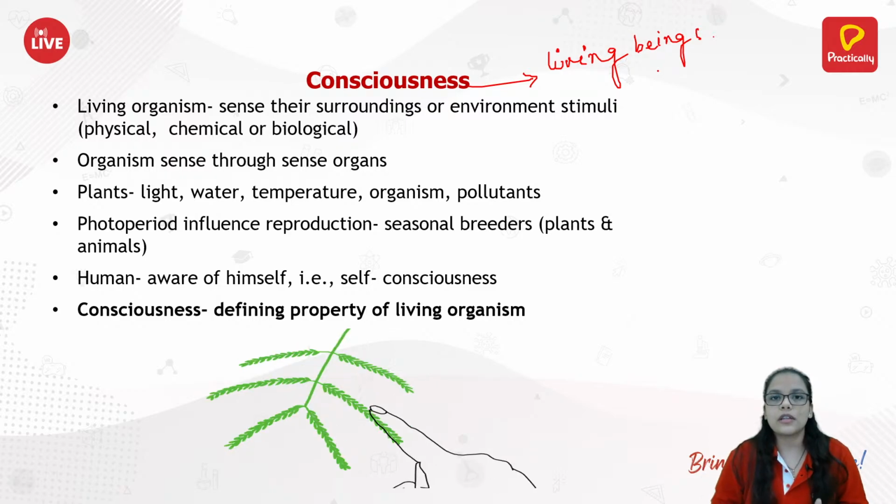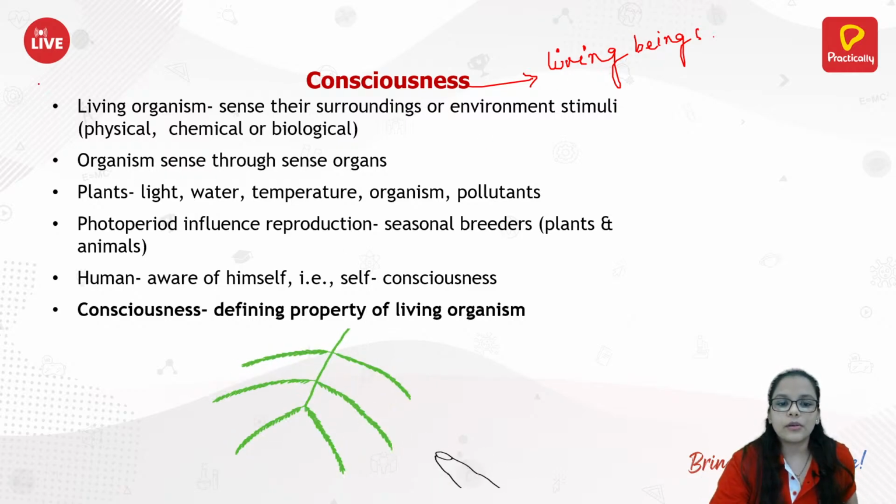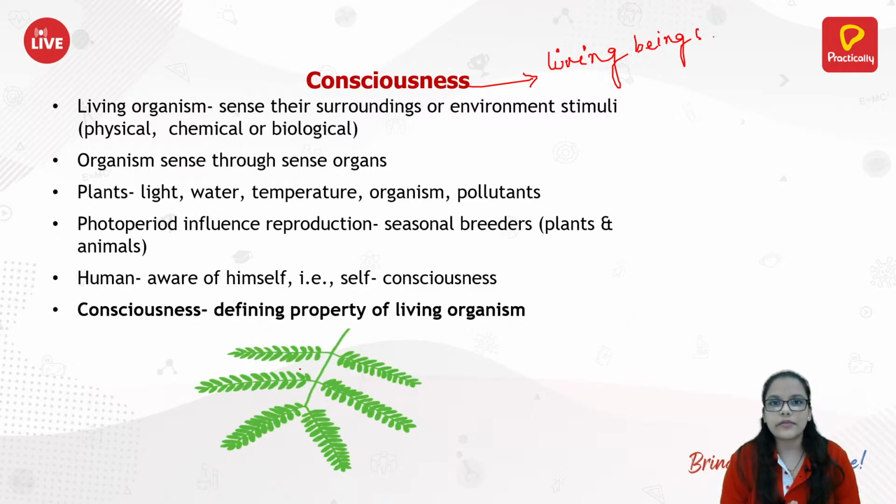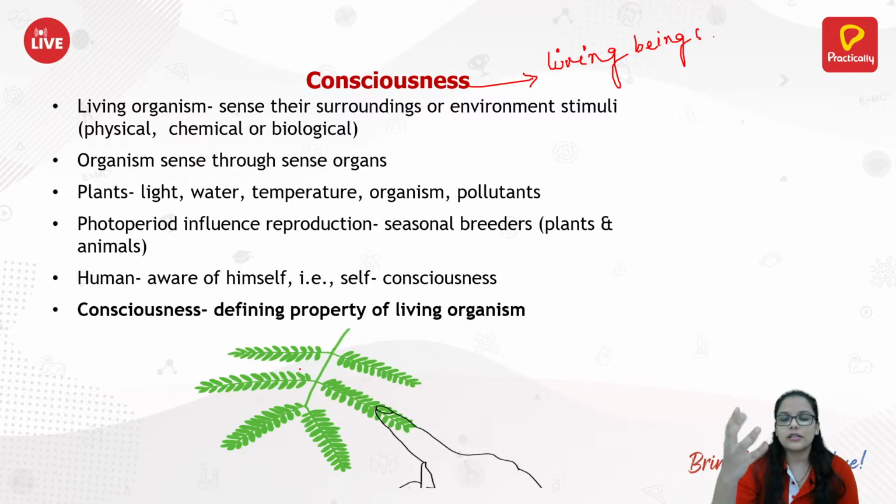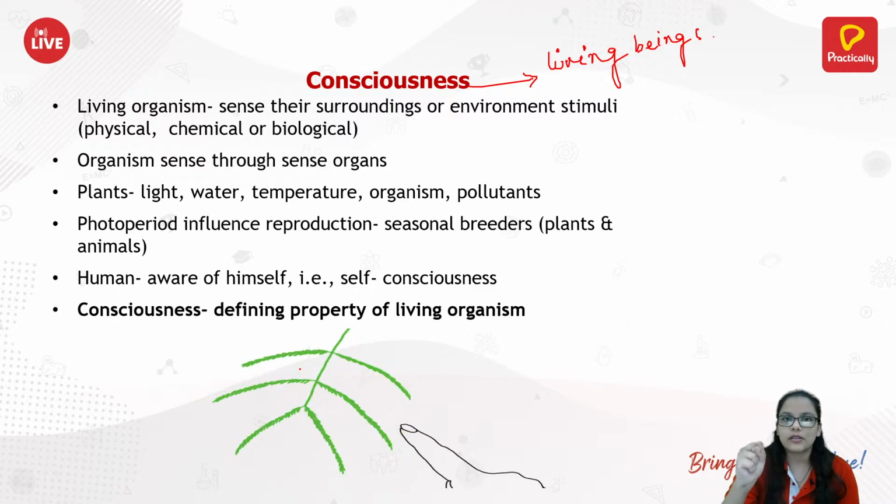So this kind of consciousness, this picture I have given actually shows a touch-me-not plant. You have seen it everywhere. All the kids have seen it. You try to touch it, and it will start covering itself up, closing itself up. That is consciousness.